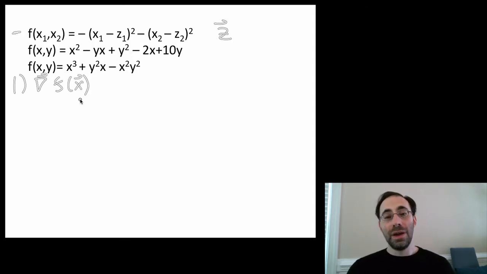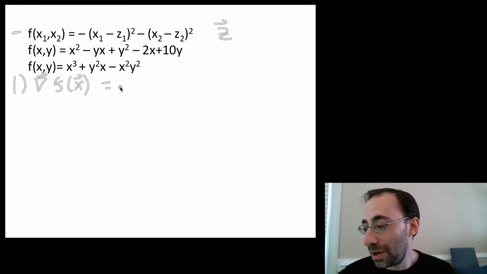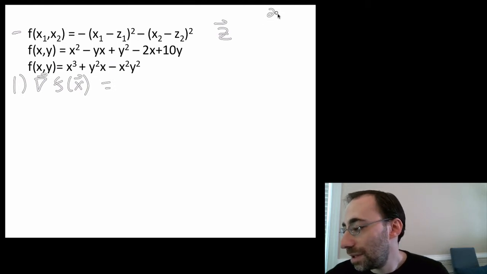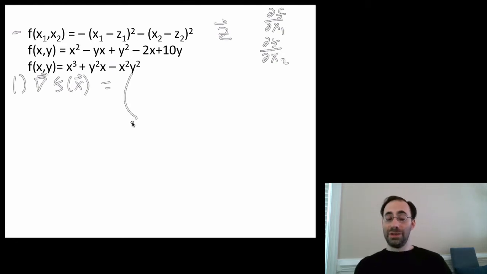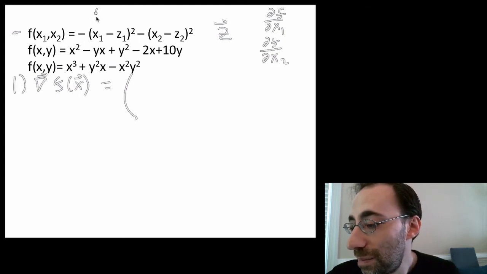of f. Okay. Well, here there are two components to the gradient. Remember, the first component is the first derivative, the derivative with respect to x1, the partial. The second is the x2 partial. Now, if you remember back to calculus, the change of variable formula, because the derivative of x1 minus z1 with respect to x1 is just 1, we can pretty easily change variables to u equals x1 minus z1.